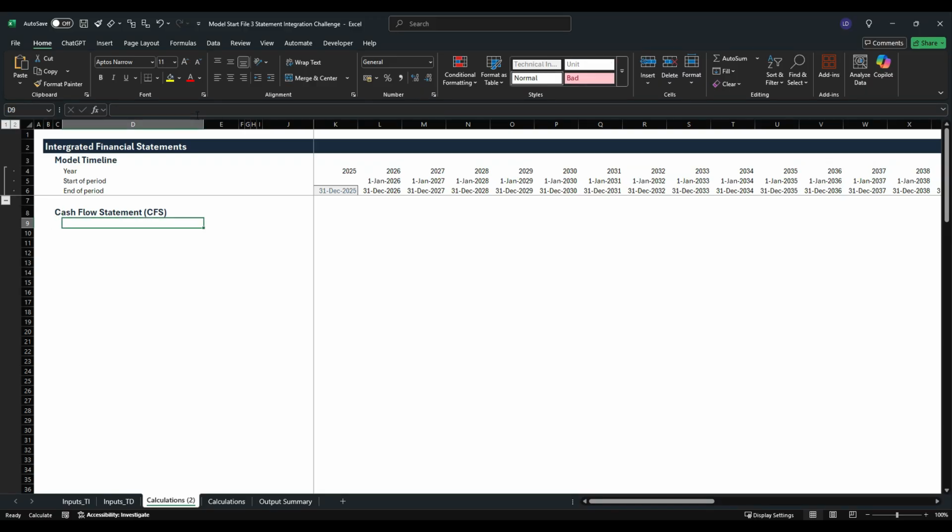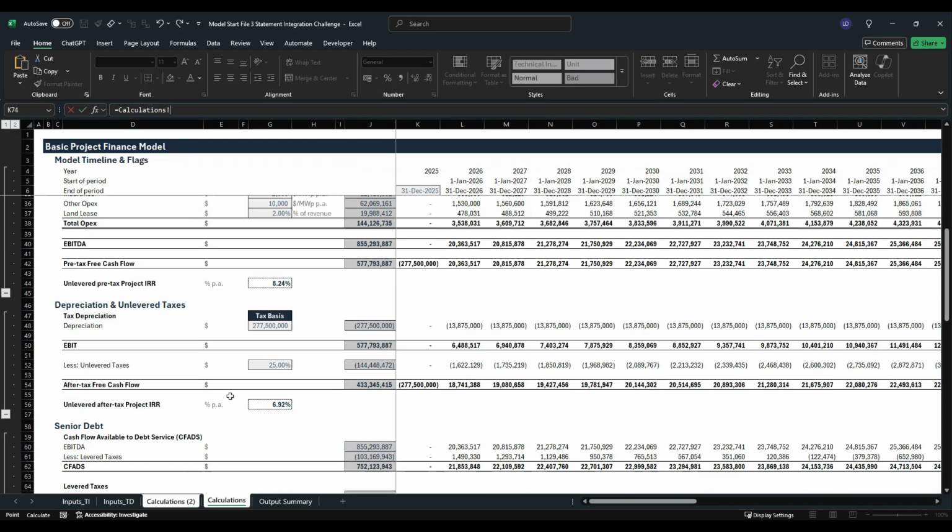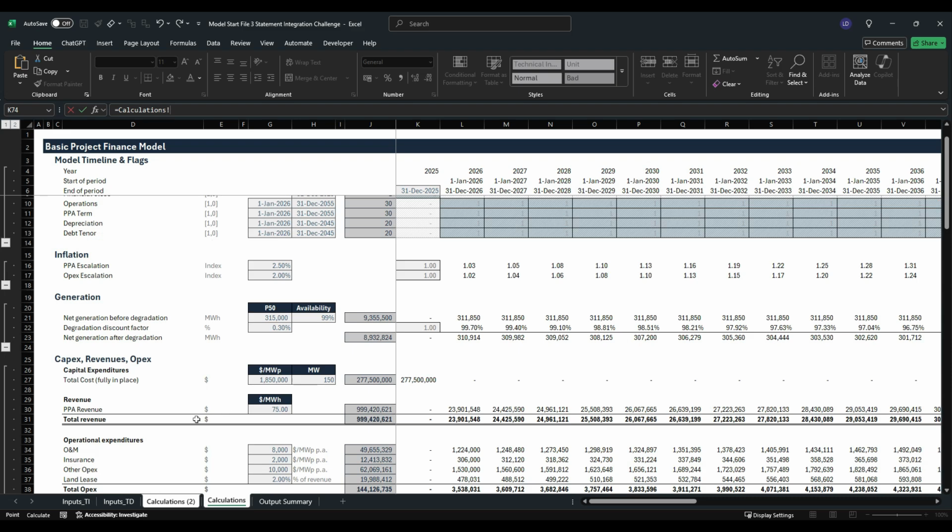And the first thing we will always have in our cash flow statement are our uses and sources of funds. So let's start with our uses of funds. We can underline this, Control U. The only uses of funds we had, we can simply link to our section up here, are our capital expenditures.